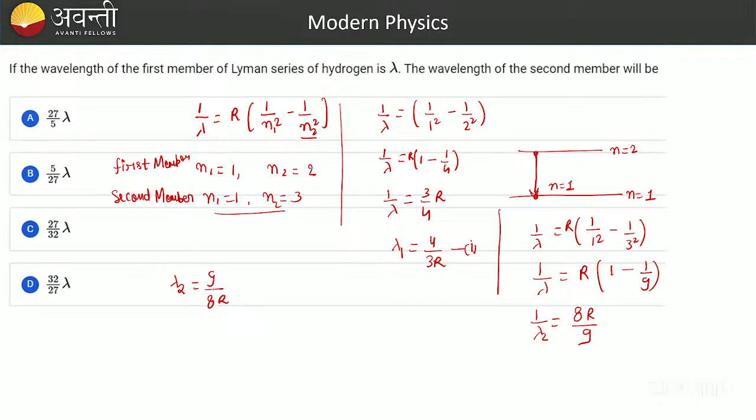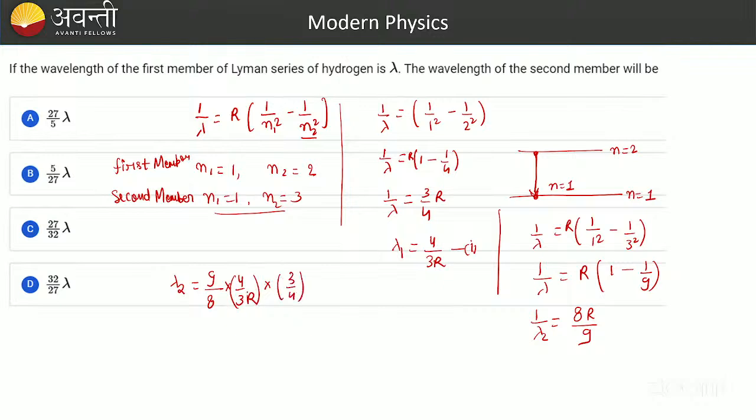Now we have to make this in terms of lambda 1, which is 4 upon 3R. So what we can do is multiply by 4 by 3 and multiply with the inverse also.